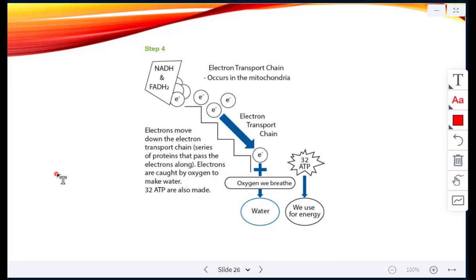Electrons are moving down their electron transport chain, and then electrons at the end get caught by oxygen to make water. And the final amount of ATP that are made is about 32 ATP molecules. These will then be used for energy.